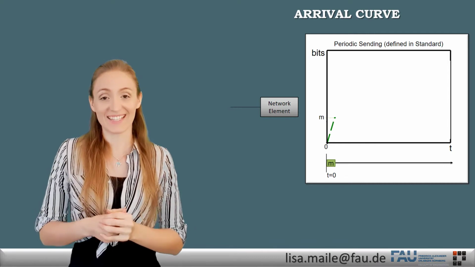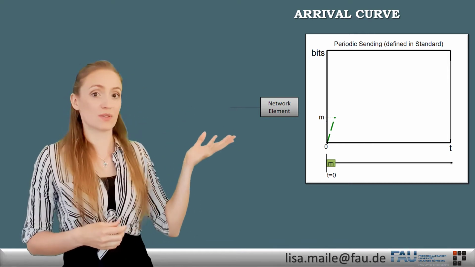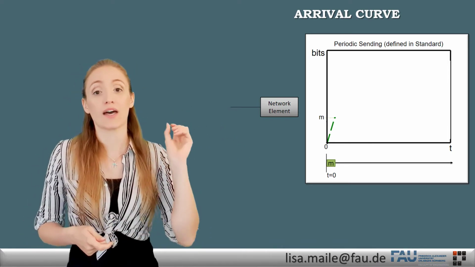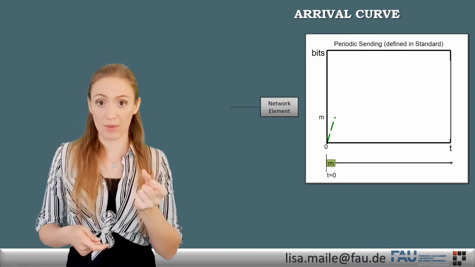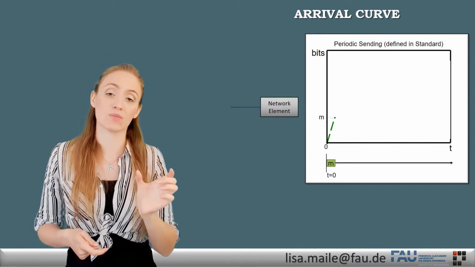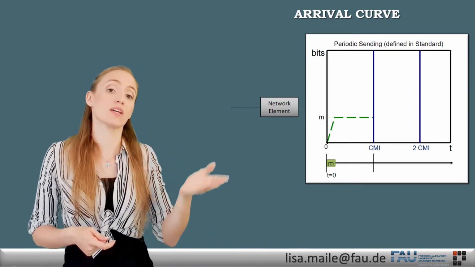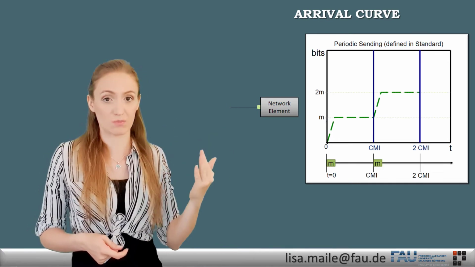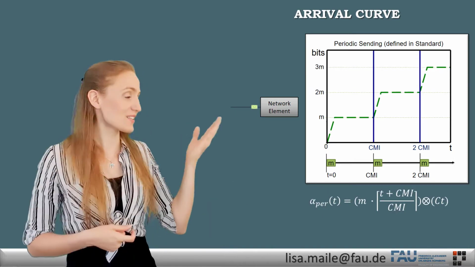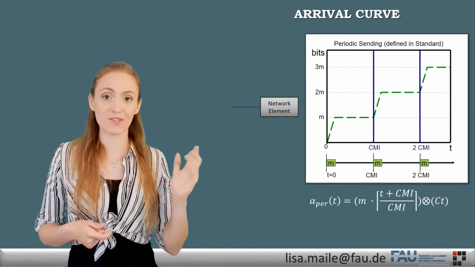So in this case, the arrival curve would look like this, and then after the n bits were sent, no further bits can be sent until the interval is over, and then directly at the beginning of the next interval, the next bits follow, and so on. So this is a valid arrival curve for TSN.